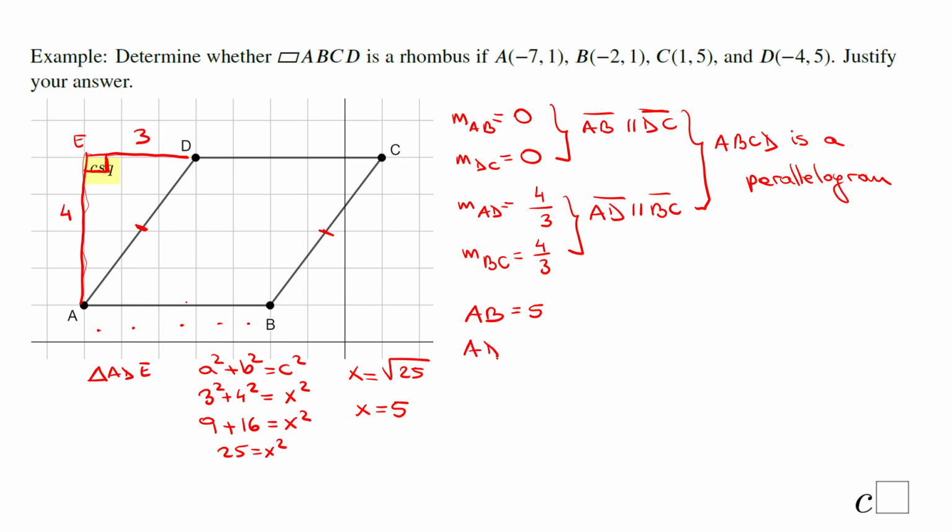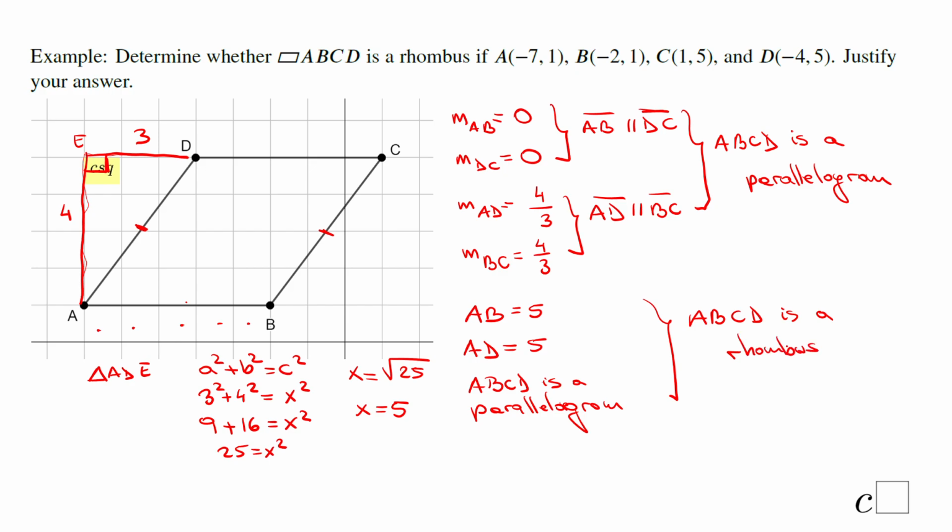So now we know these two sides are congruent, they have the same measure. We know ABCD is a parallelogram. So now we can say the final statement, which is yes, ABCD is a rhombus.